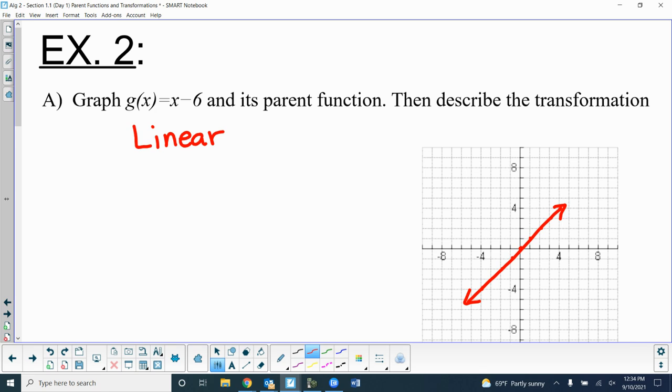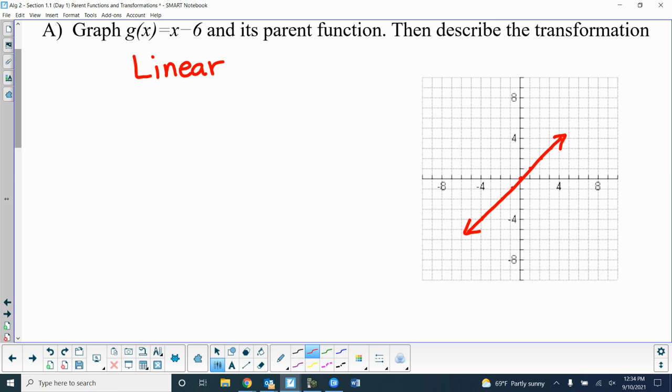So since this is not in parentheses or anything, what do you think's happening with this? No parentheses. Down 6, yeah. And you guys already know how to graph that. What's the slope? 1. What's the y-intercept? Negative 6. So there's our y-intercept, and slope is 1.